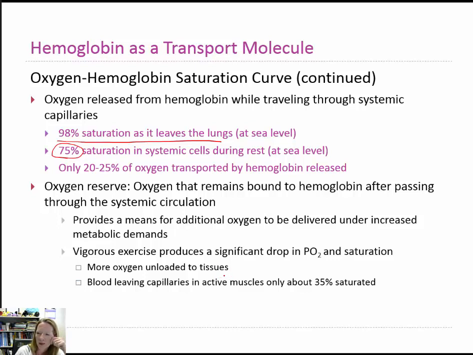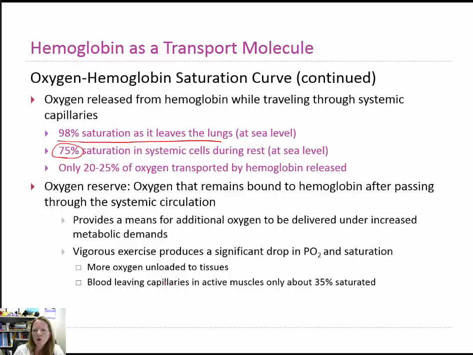Sorry, my mind's wandering again. The reason is that you need more oxygen to be unloaded and go to the tissues. So the blood leaving the capillaries in very active muscles is only about 35% saturated compared to 75% at rest. Look how big of a drop that is.